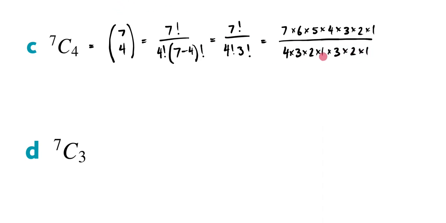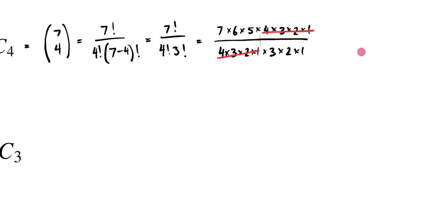Then I can cancel out this with this, which means I'm going to be left with 7 times 6 times 5 over 3 times 2 times 1.